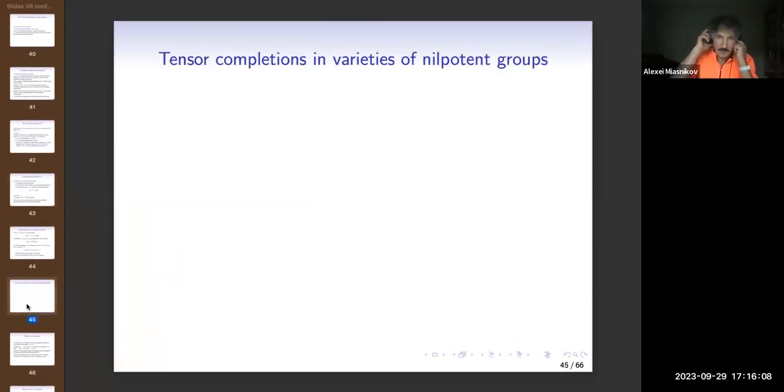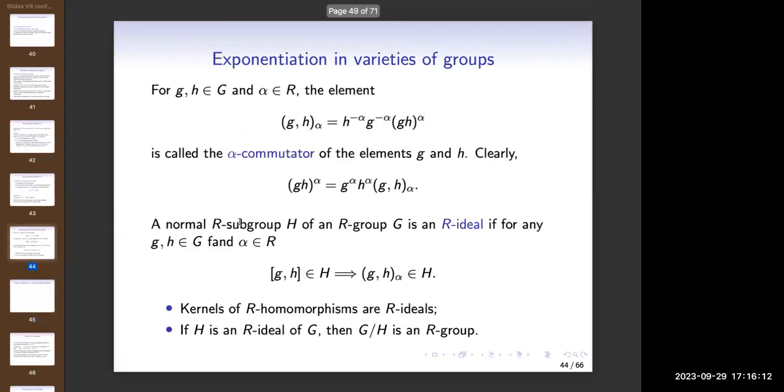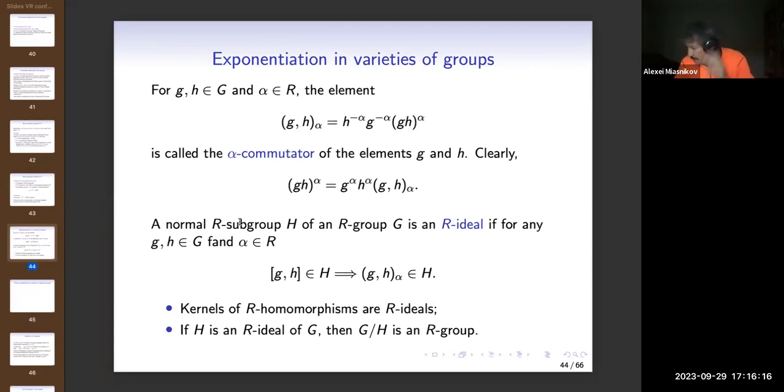For me, it's fine if you want to listen, but I want you to talk about how this tensor completion in varieties like soluble groups, in particular metabelian groups and nilpotent groups, how they relate.